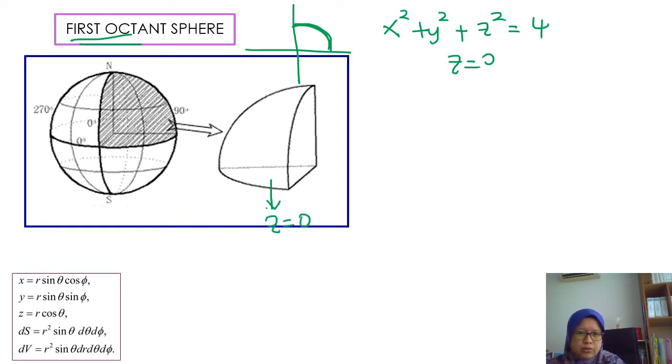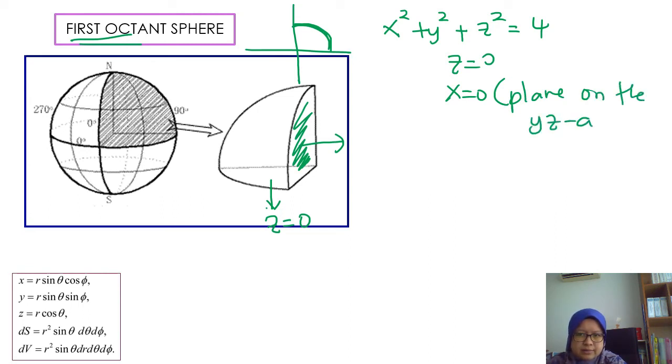And you should have this plane, x equal to 0, which is the plane on the yz axis, and then another plane at the back, y equal to 0.